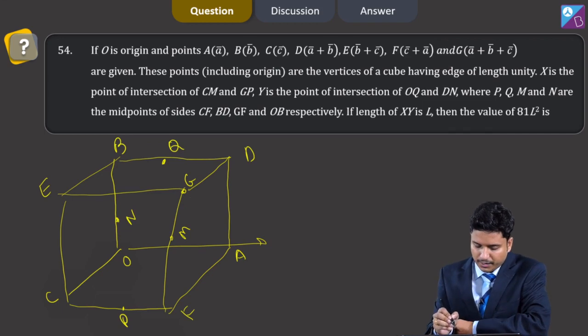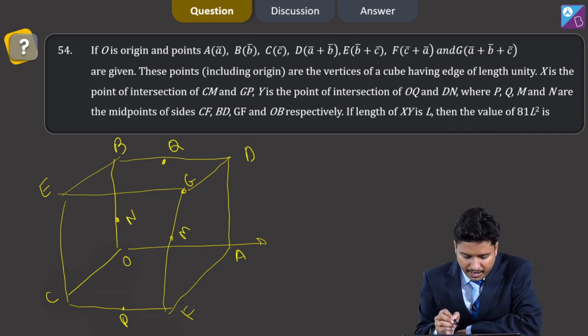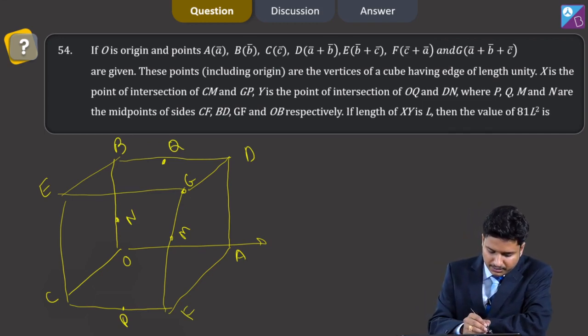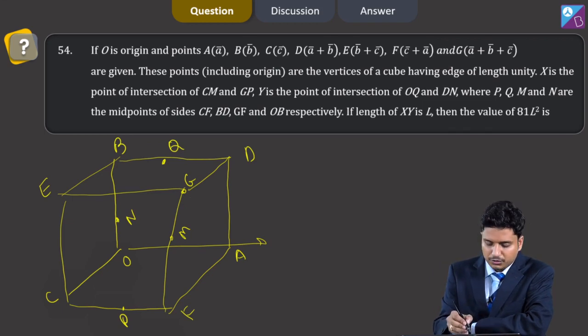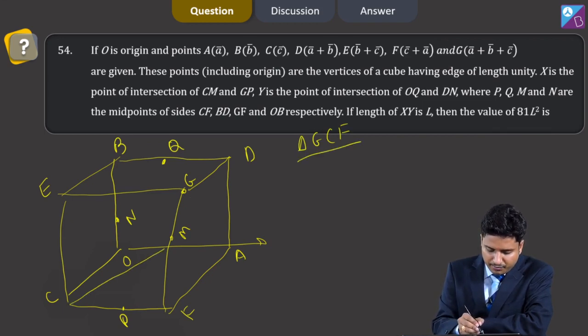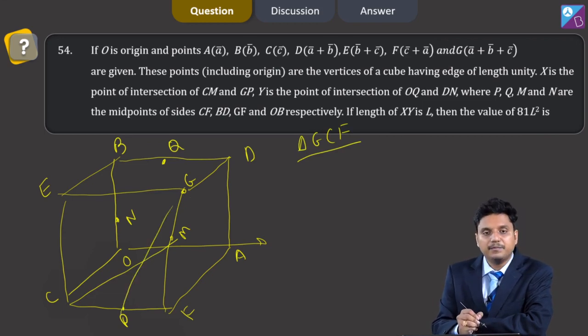Now we have to join CM and GP. So CM is this and GP is this. For triangle GCF, CM will be one of the medians and GP will also be a median.